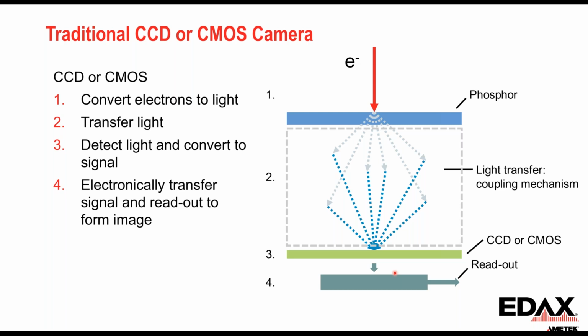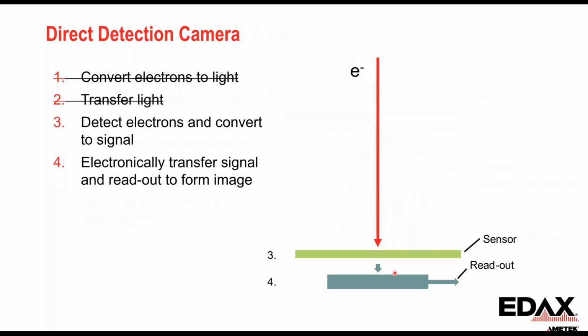With these cameras, the electron beam hits a phosphor screen that converts the backscattered electrons to light. That light is then transferred through some sort of optical coupling down onto the sensor, where it's then read out to form an image, which is subsequently used for image processing to determine the orientation and phase for EBSD pattern analysis. With direct detection, we're taking all that out of the chain.